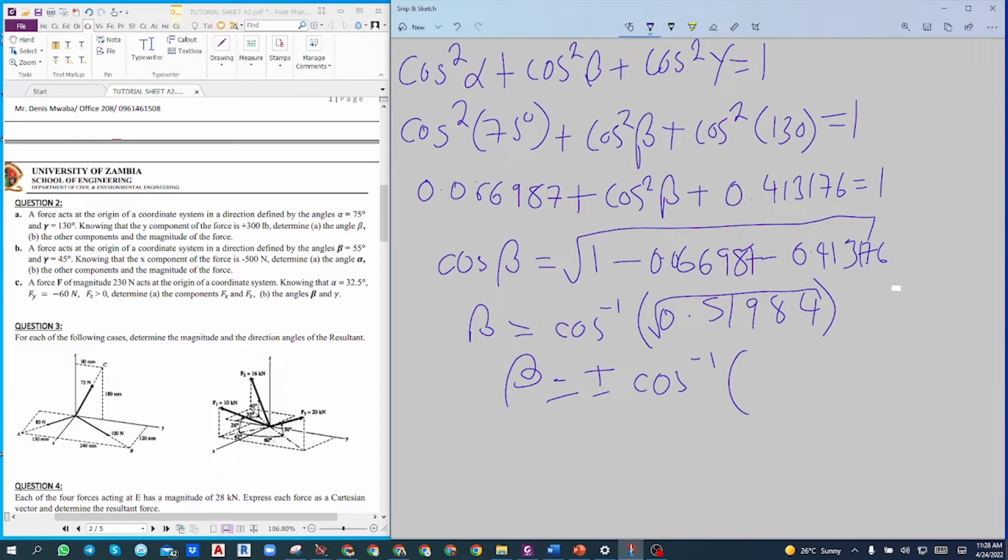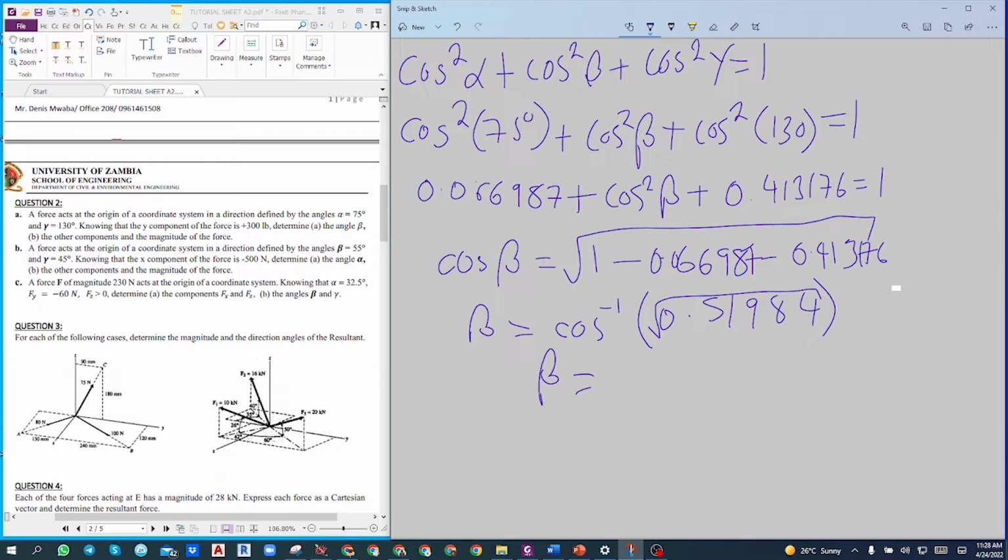I think this one will not work representing this way. You know what? Let's take the cos back to, maybe it will work.